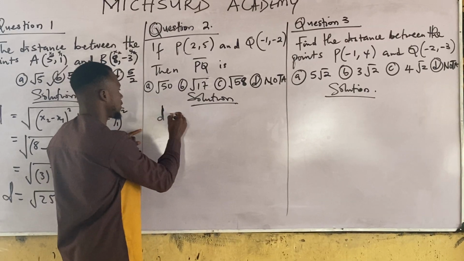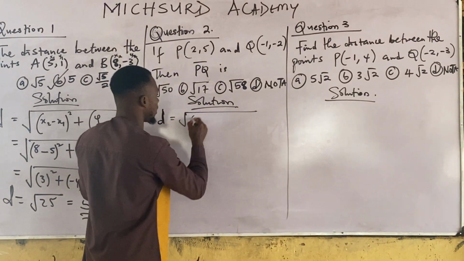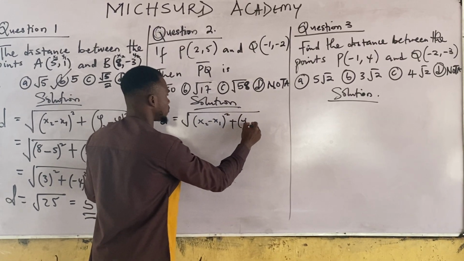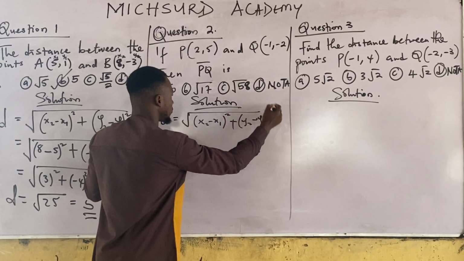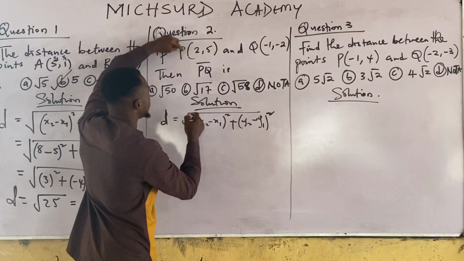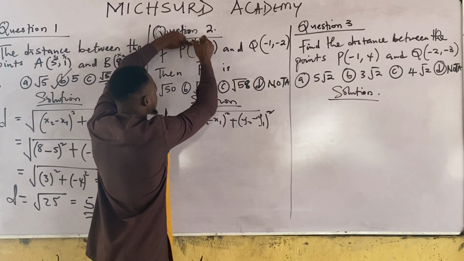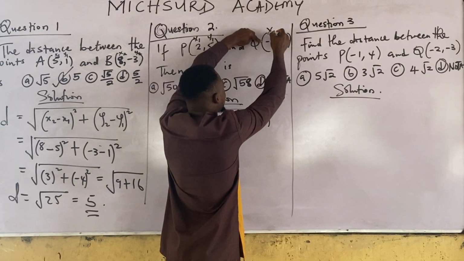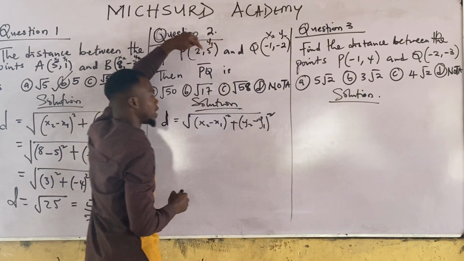This is D equal to square root of x2 minus x1 all squared and y2 minus y1 all squared. We go to the first point. This will be x1 and this will be y1. Then the second point, this will be x2 and this will be y2.